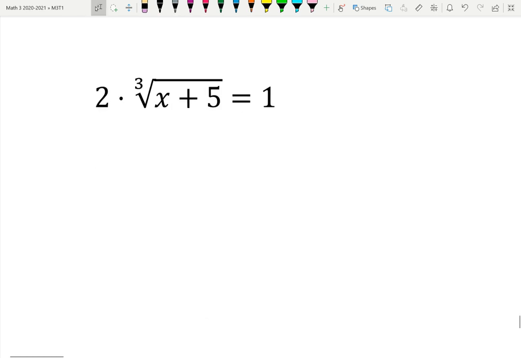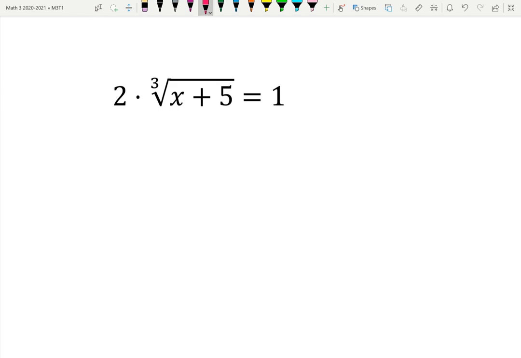All right. This one is a little different. What I need you to understand is that the normal order of operations is PEMDAS, right? For an inverse, you go in the opposite order. You're going to go from adding and subtracting, to multiplying and dividing. I am going to divide by 2 first before I deal with this radical.